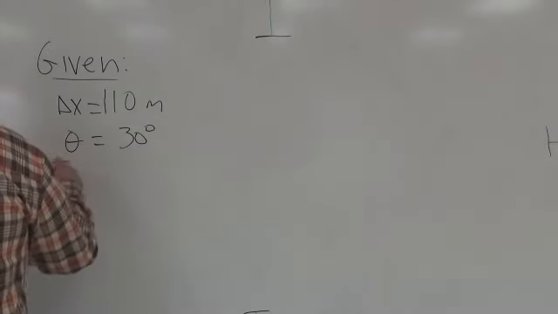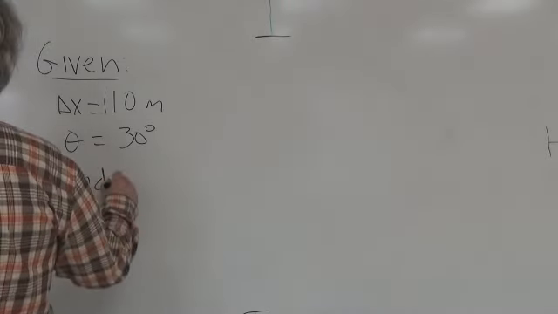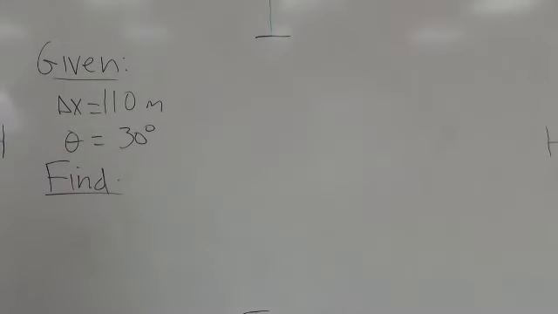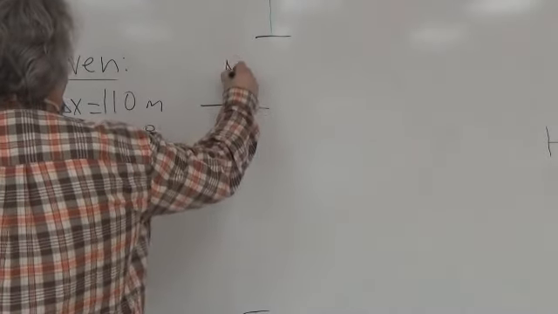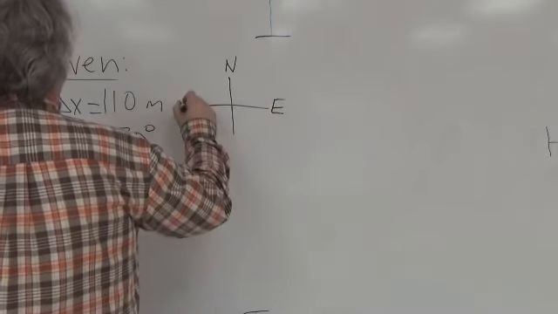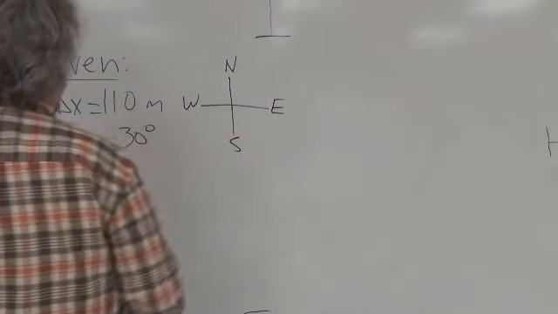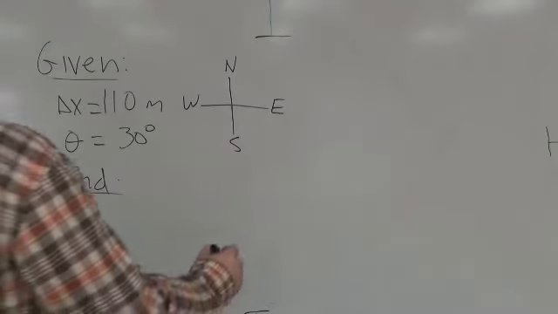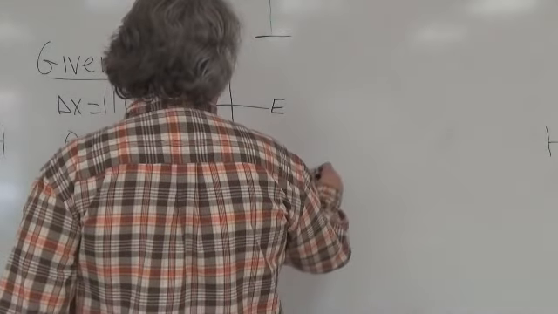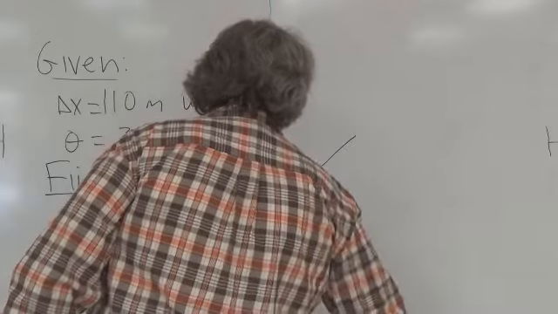So find. Alright, to help you out here, let's just do a little diagram. North, east, west, and south. So it asks for the north component of the displacement. Okay? Let's draw the vector now. So we have, that's a little too steep.